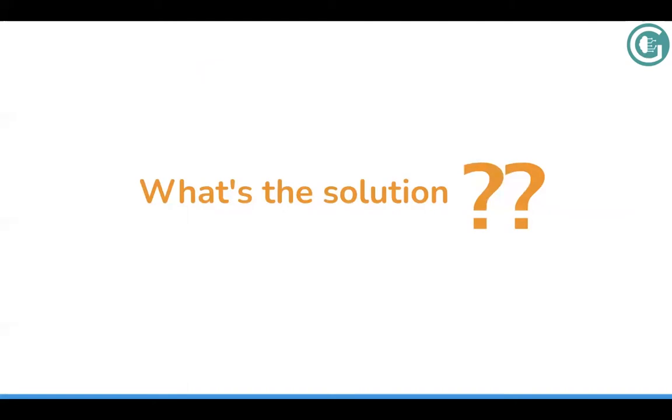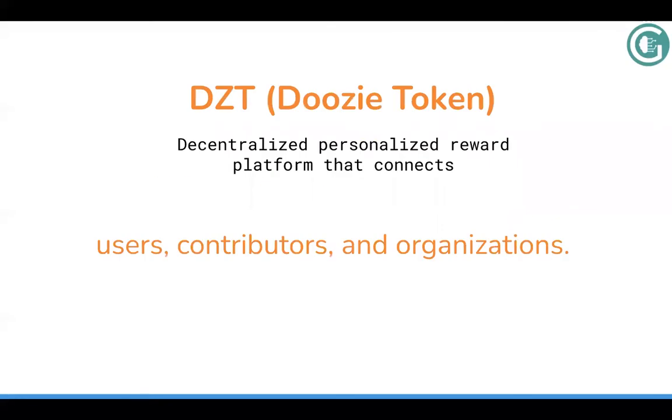So now that we've talked about problems, let's take a look at how we are trying to solve it. And obviously the solution is Doozie token, as you can understand from the title of this whole presentation. With Doozie token, a decentralized, personalized reward platform, we want to connect these users, contributors, and organizations in a way that it will be a win-win experience for everyone.